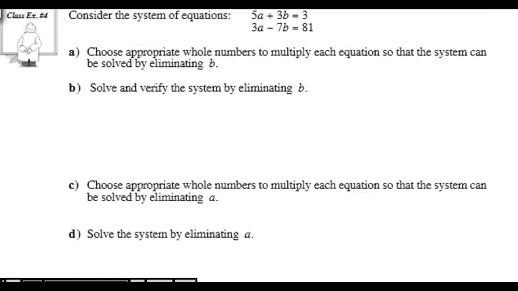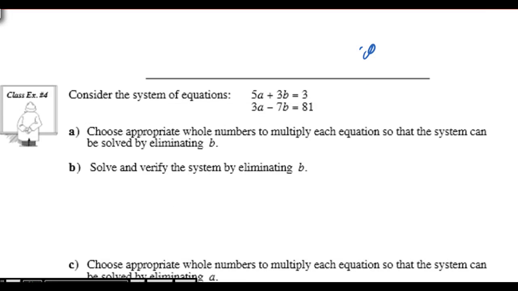So let's look at this example here. This one's a little bit awkward because I have a 5 and a 3, and a 3 and a negative 7. So I can't just multiply anything by 2 or divide by 2. I have to take an extra step for this one to get my terms to be the same. I'm going to focus on the a's here, and make sure I can get them the same.